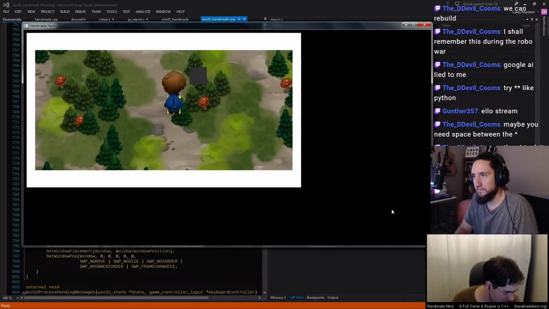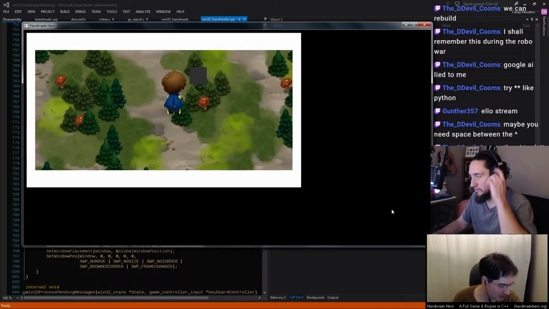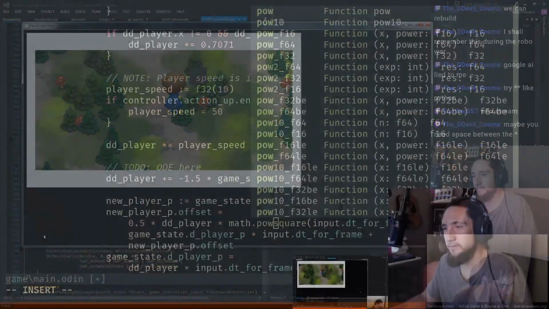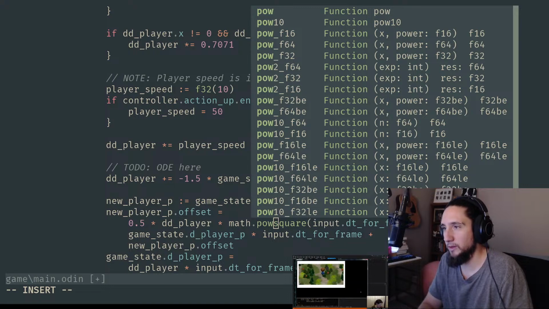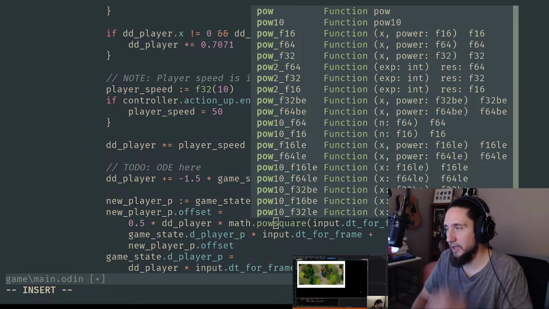Let's see here. What would you need to store if you wanted to reverse time a la Braid? Ooh, that's a good question. I hope he has a good answer for that. He should understand pretty well what the answer should be, or at least enough to give a compelling one, because that's something I'm curious about too, because that mechanic all by itself is what that entire game hinges on.